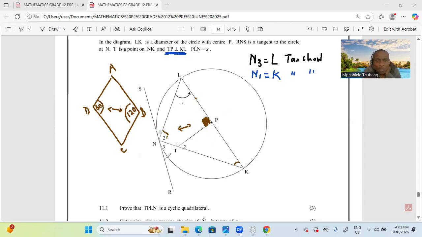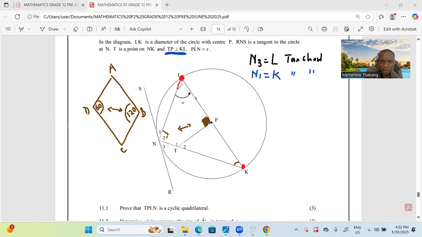What do we know about N2? We know that the angle N2 is the angle in the semicircle, or it is the angle subtended by the diameter. What is my diameter? I have got L, I have got K. This LK is the diameter. So I look for the angle subtended by LK.